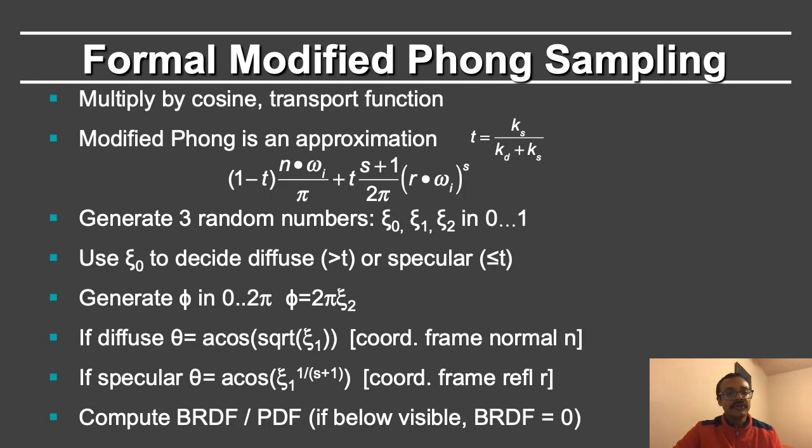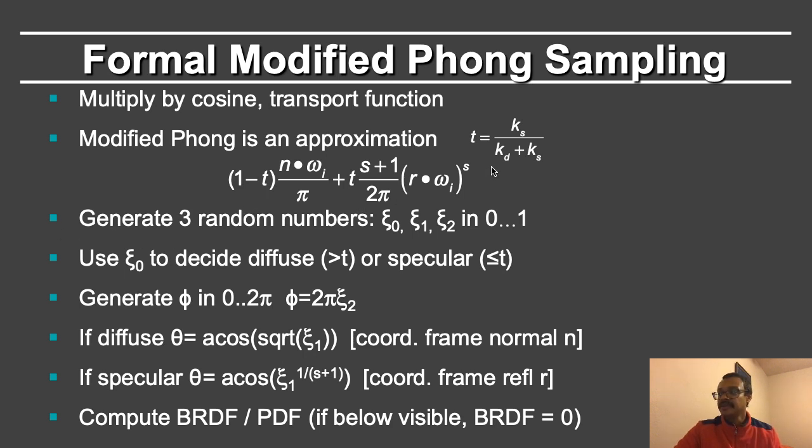Let's look at what the assignment is asking you to do in terms of modified Phong sampling. We are going to directly sample the transport function which has the cosine multiplied in. And we are going to pick a simple approximation where the cosine is already divided out and cancelled out so that you have a simple Phong form for the specular BRDF.